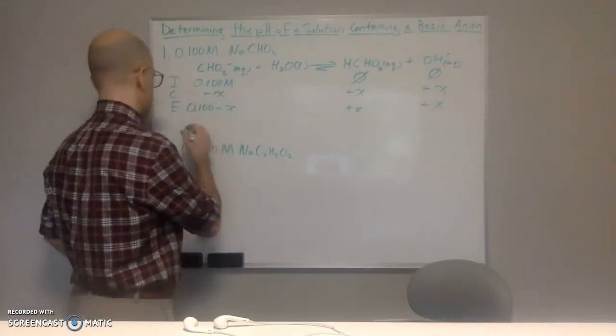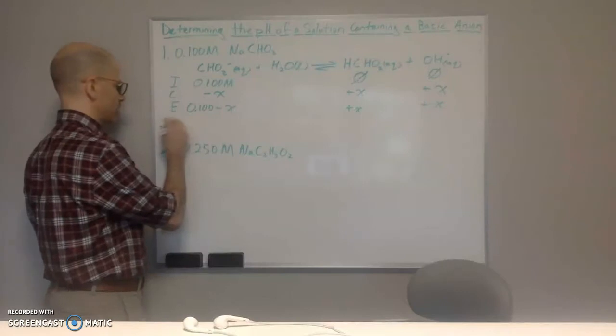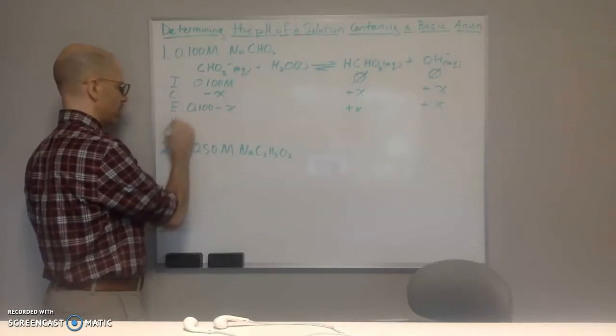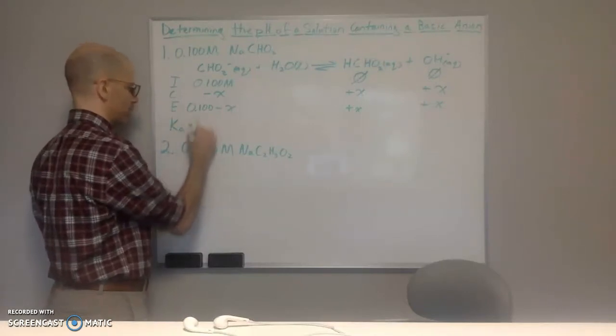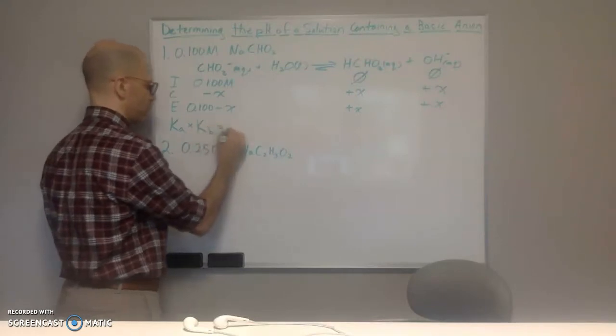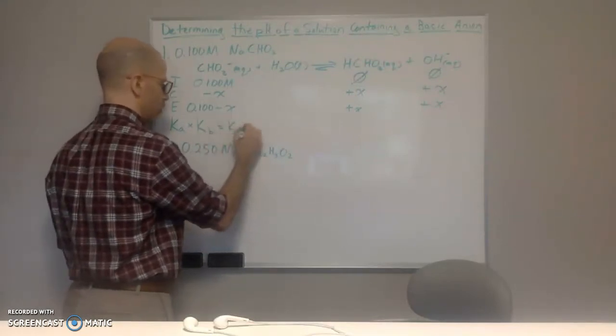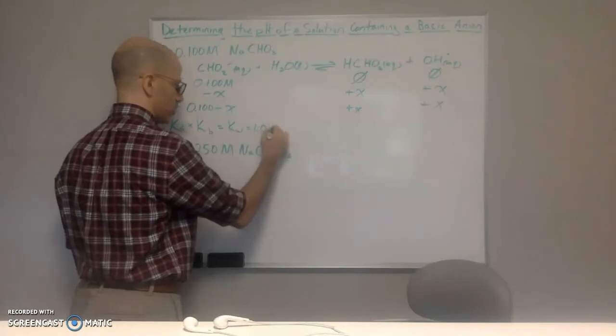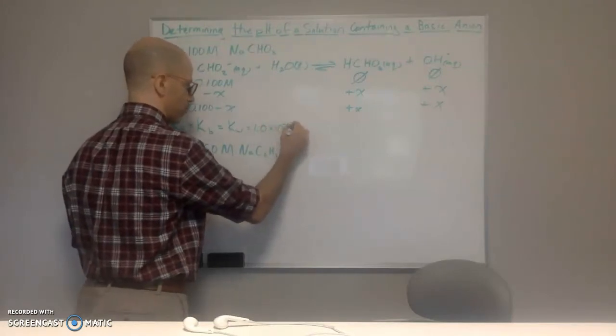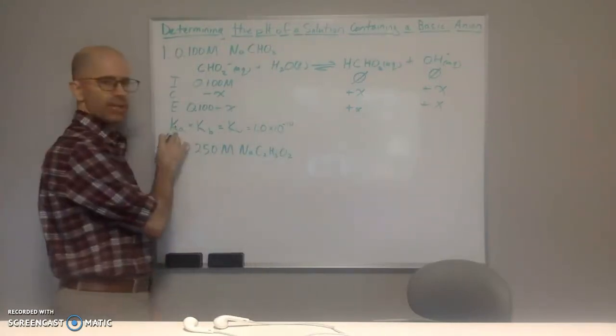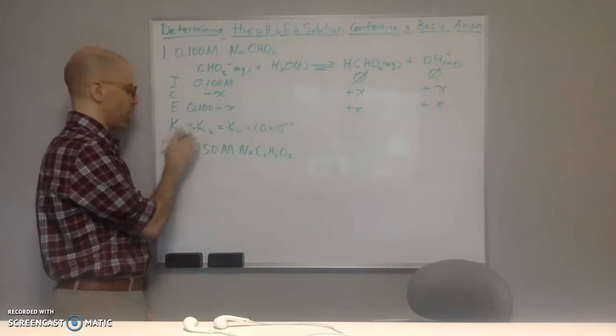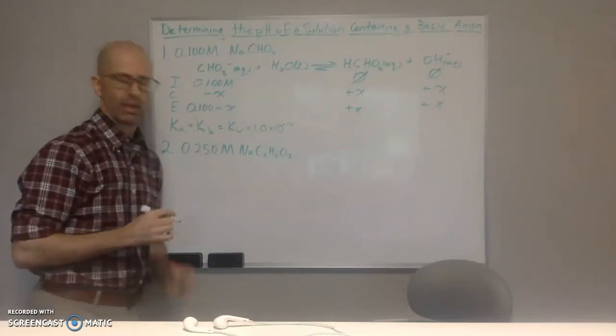And then what we can do is use this equation. Remember, Ka times Kb is equal to Kw, which is 1.0 times 10 to the negative 14. So we look up Ka and we solve this equation for Kb.